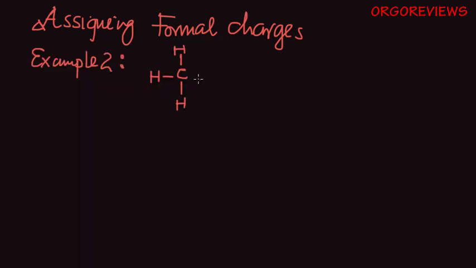Example 2. Let's look at how we're going to assign a formal charge for the carbon in this structure. So the formal charge of this carbon will be the valence electrons of this carbon, which is 4, minus the number of non-bonding electrons, which is 0, plus half of the number of bonding electrons.